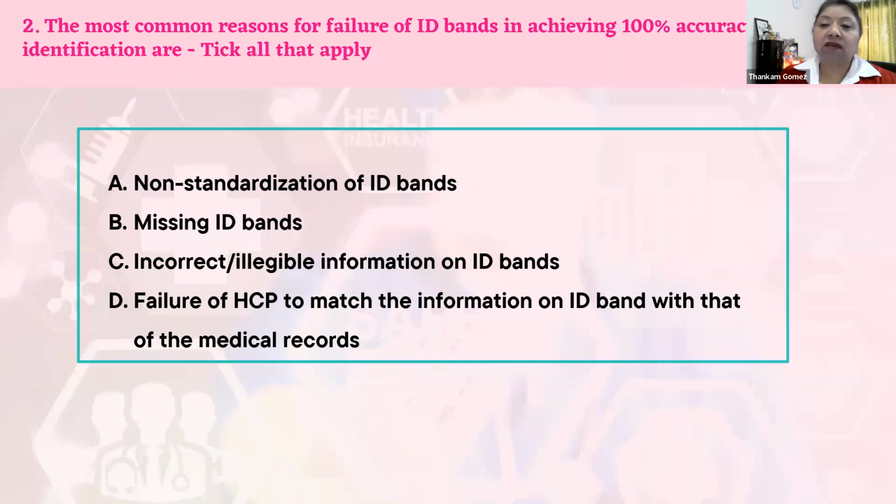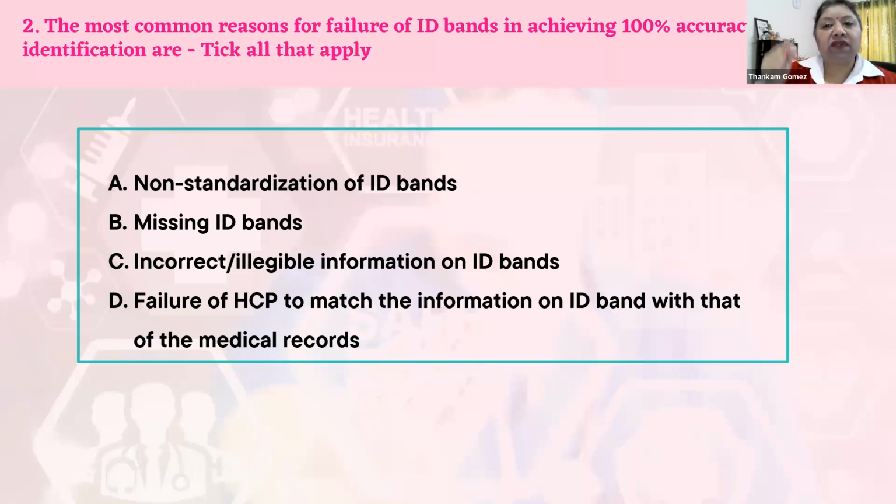Incorrect, illegible information. One of the common reasons for nurses to say about the ID band is, oh, it has gone off because when the patient took a bath, it became illegible. So if it is illegible, how can you identify the patient? Now, the most common understanding is that the ID band is the identifier. It is not the identifier.